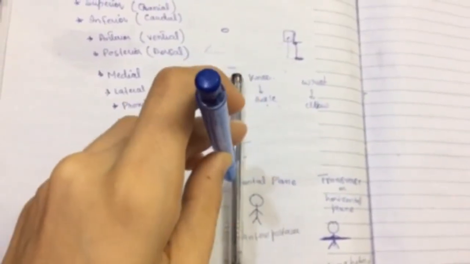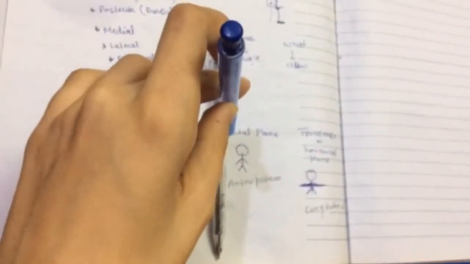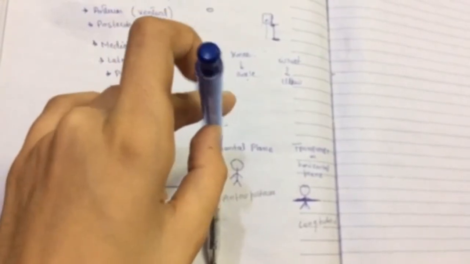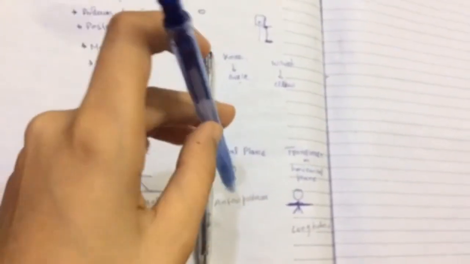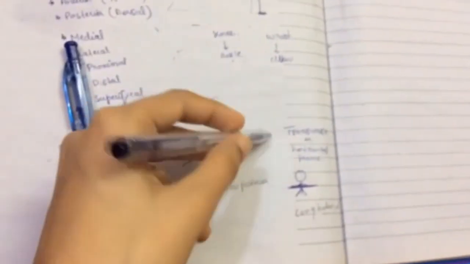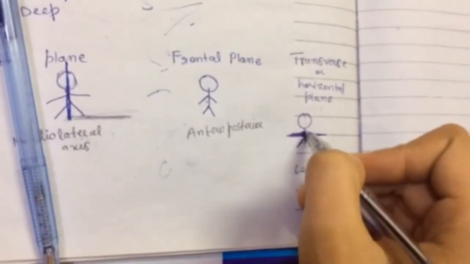The pen lying down is the axis, and this other one is the plane. The pen lying down is the anterior posterior axis, and this makes a 90-degree angle with the plane.